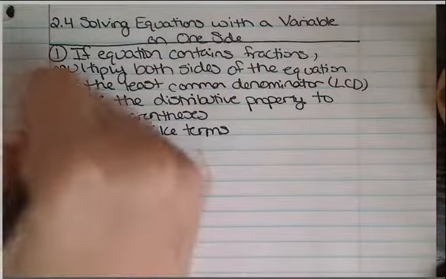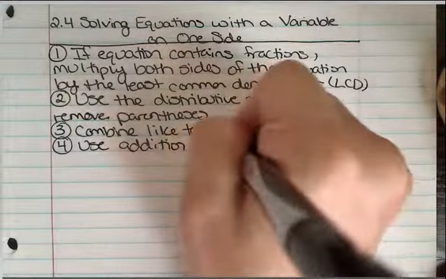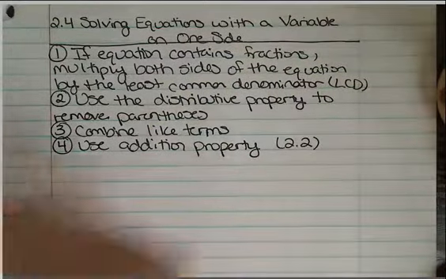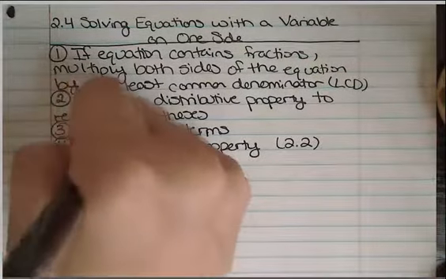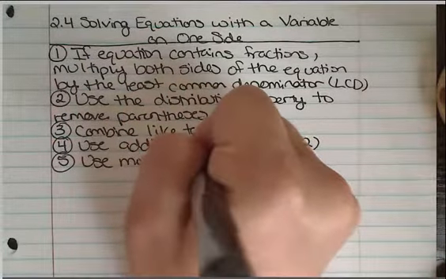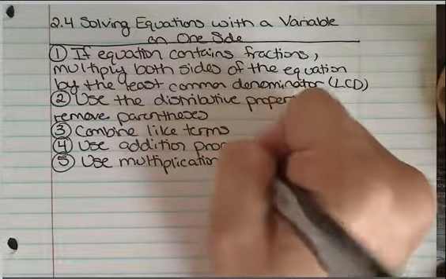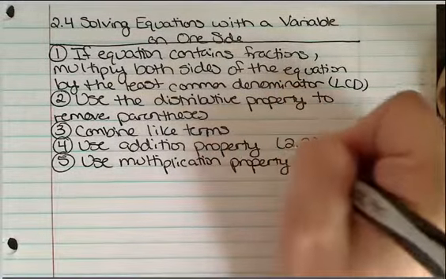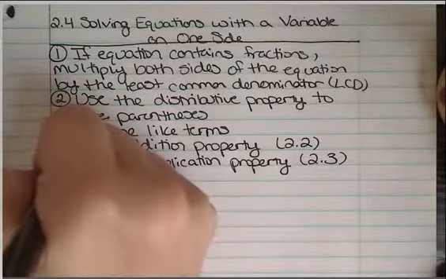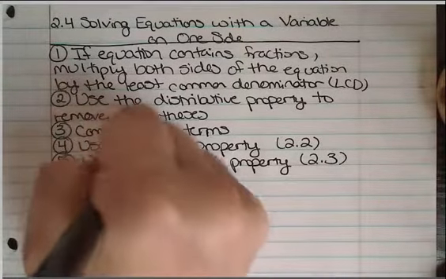You're going to use the addition property, that's the one from section 2.2. Then you're going to use the multiplication property, that's the one we covered in our last section, which is 2.3. And then you're going to check your solution after you're complete.